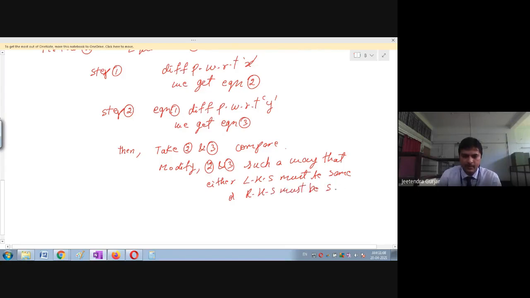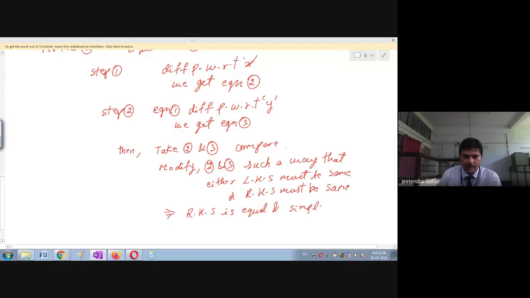Is it clear? Very, very important, students, so remember this. If the LHS is the same, then we equate the RHS.